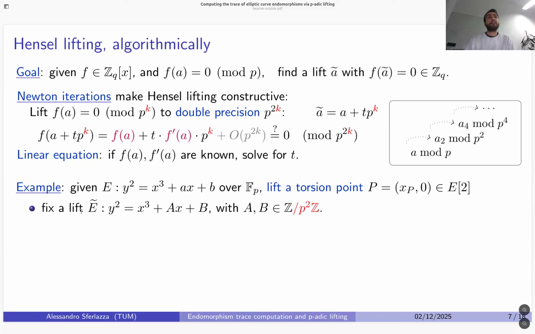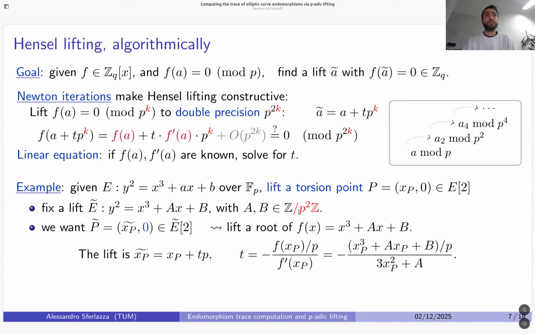So let's say we decide a lift of the curve by just lifting the coefficients of the curve one by one to something in higher precision, let's say modulo p squared. And now being of order 2 means, again, that the x-coordinate is a root of the defining cubic. So lifting the point amounts to lifting its x-coordinate as a root of a polynomial.